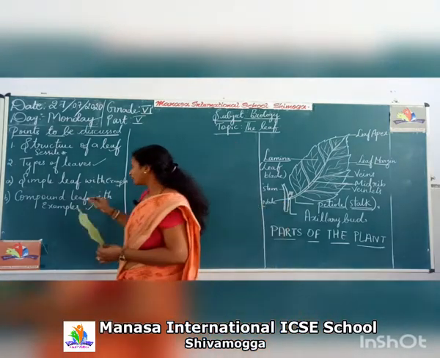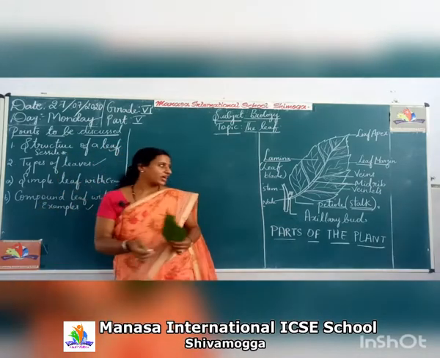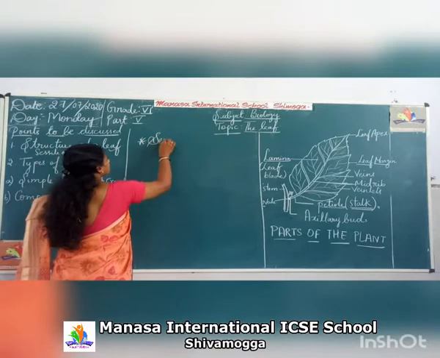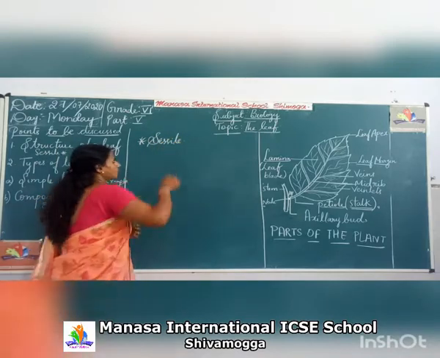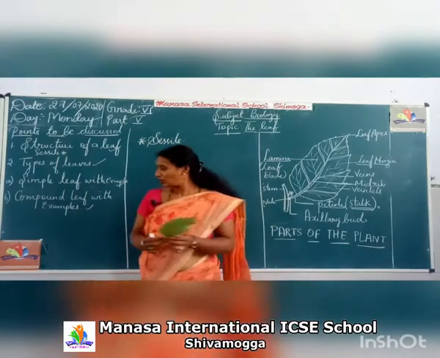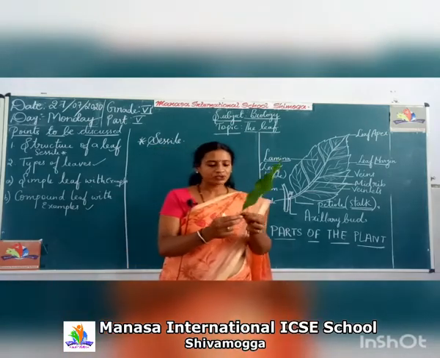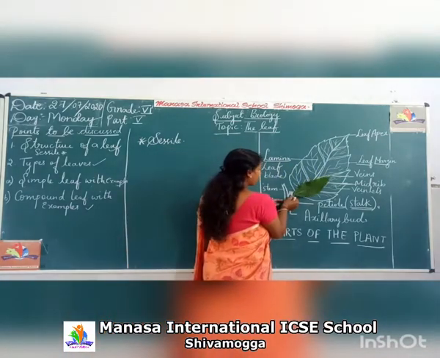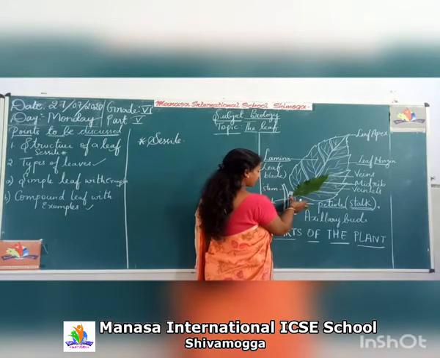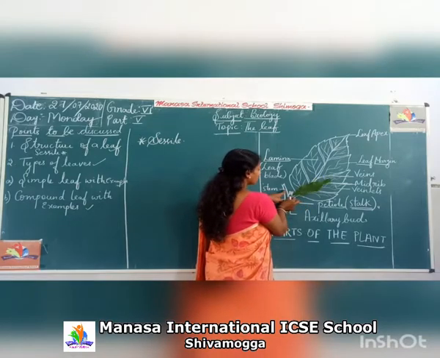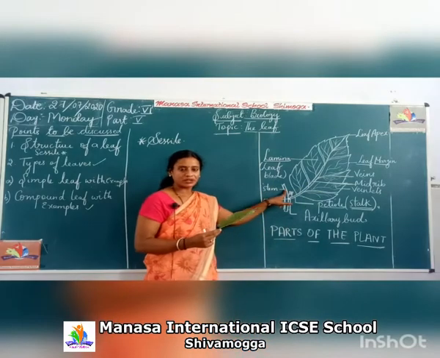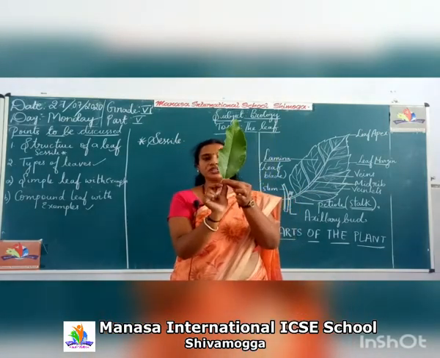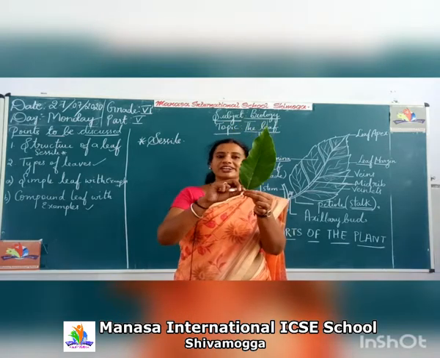So next we have the sessile. We have one different term known as sessile. What is sessile? Some of the leaves of the plants will have the stalk attached to the stem, right? Those are normal leaves. But the leaf without a stalk, without a petiole, is directly attached to the stem.